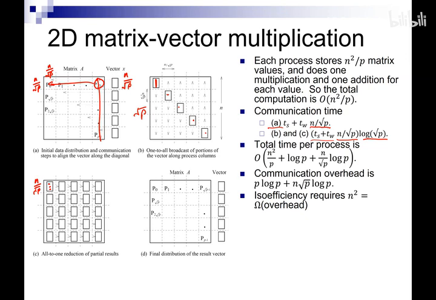How do N and P have to increase with each other to maintain iso-efficiency? Here you want the amount of work to be at least as large as the overhead, which is this part over here. If you solve this expression, you see that eventually you end up with P equals order of n squared divided by log squared of P.